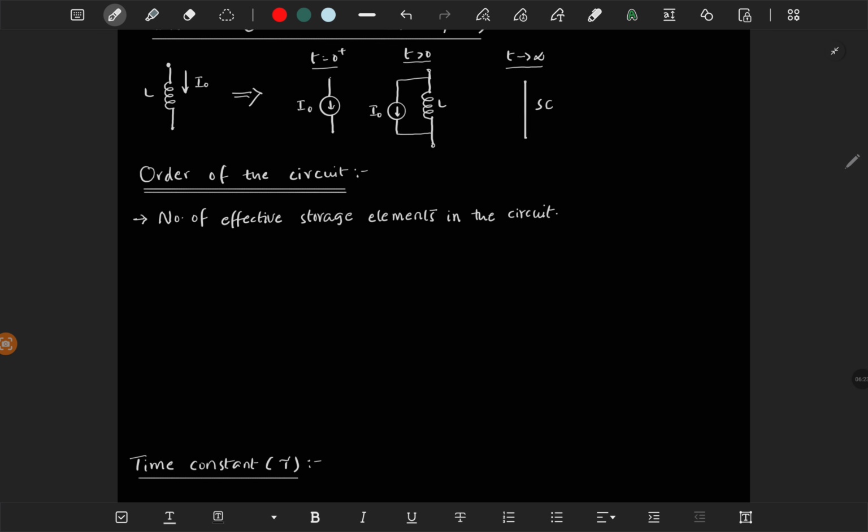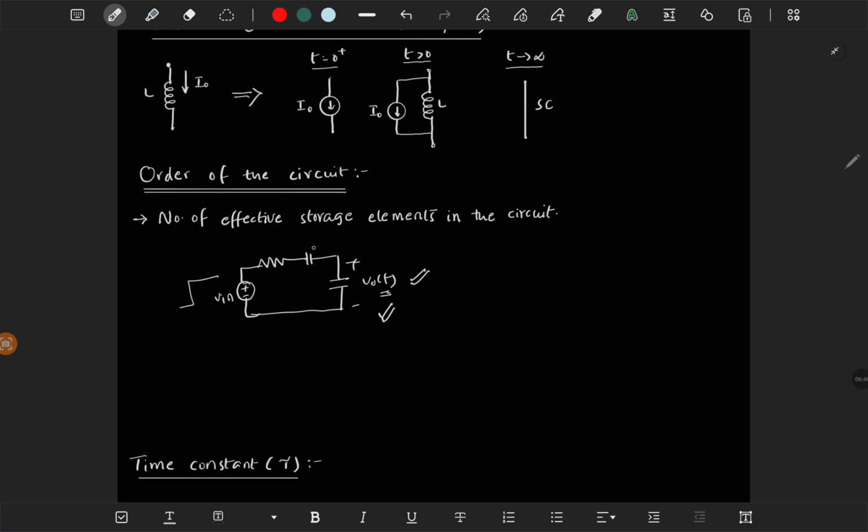Similarly, if you have a capacitor and a capacitor here, and you want to find the voltage here, then if you derive the expression for V0 of t, with some input voltage, we can take a step input, you will get a first order equation.